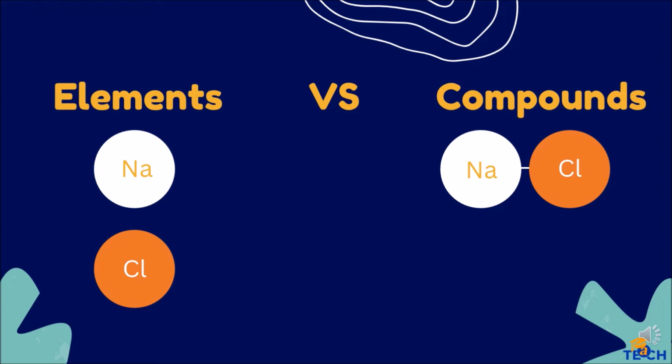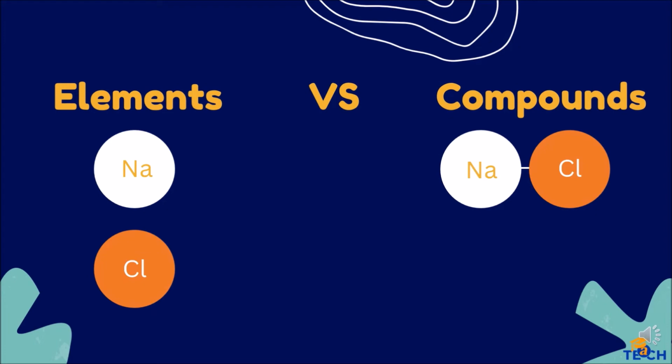Na? That's right, sodium. And then we have another element, signified by the orange circle, which has Cl in it. Cl is for, yes, chlorine. So, chlorine and sodium are elements. They are two different elements, and we cannot break them down any further.